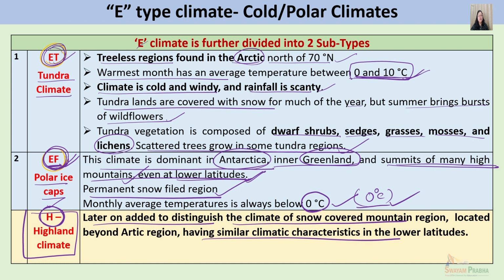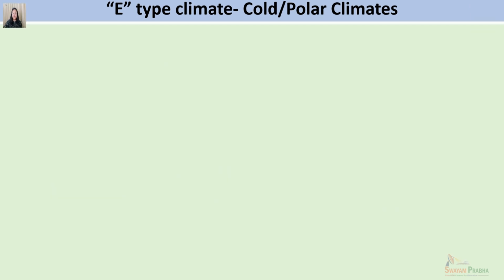So snow-covered areas of the Himalayas, of Andes, European Alps region, Rockies region, which were different from the polar ice cap regions. So H represented the highland type of climate or snow-covered areas of the lower latitudes other than the polar areas. Now let's look at the distribution of E type of climate.